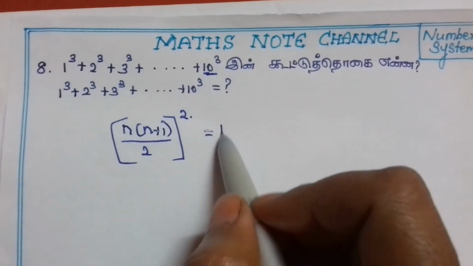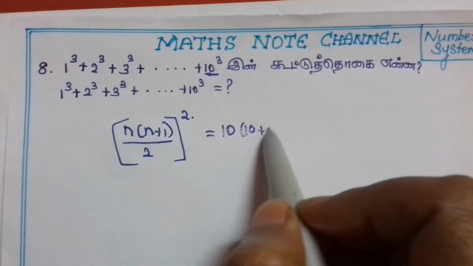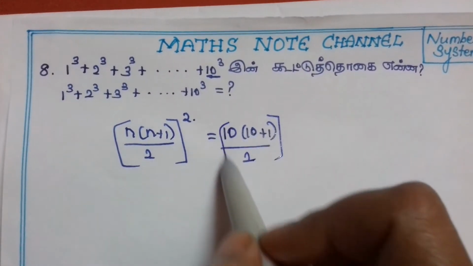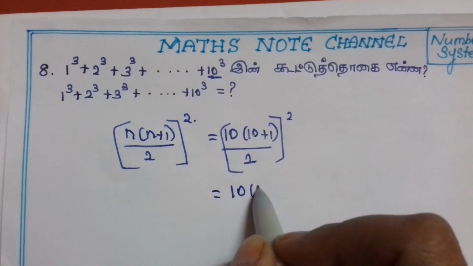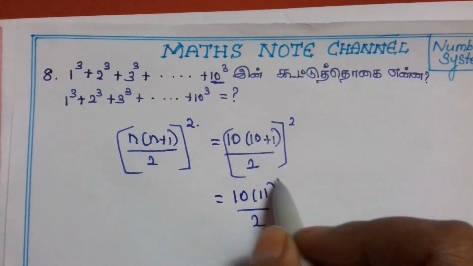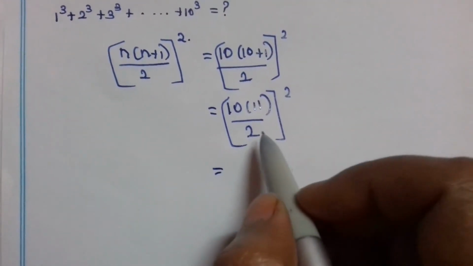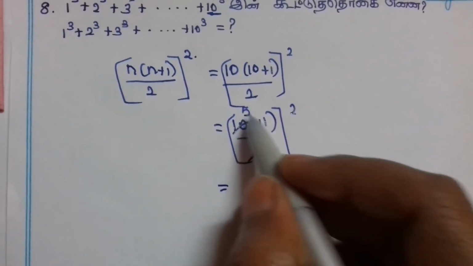What is the n value here? 10. So (10 into (10 plus 1) divided by 2) whole square. 10 into 11 by 2, square. We can cancel 2 into 10, 5 times.